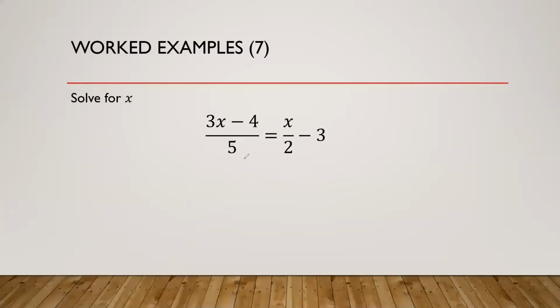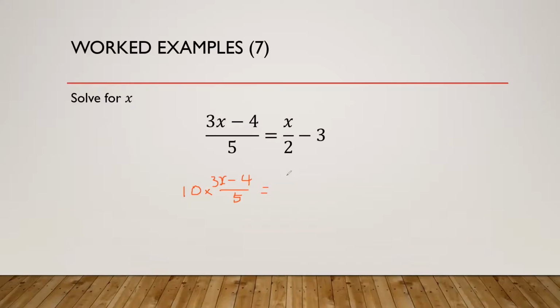All right, so let's go ahead and do that. Then we'll start solving our equation. So 3x minus 4 over 5, I'm going to multiply that lot by 10. And I'm also going to multiply this lot by 10.